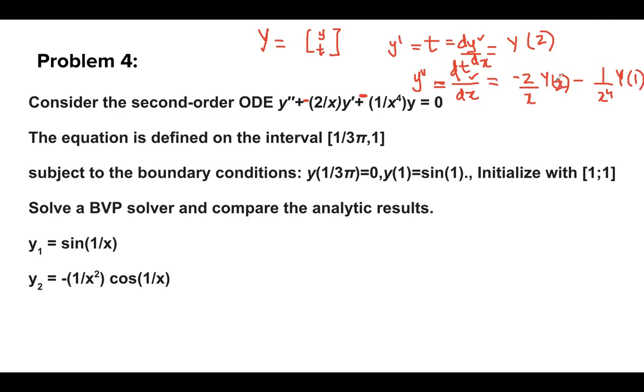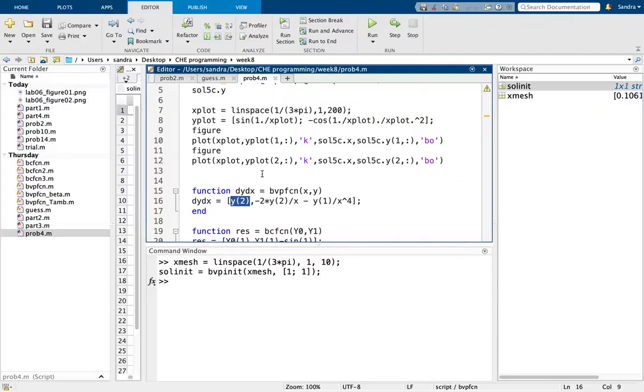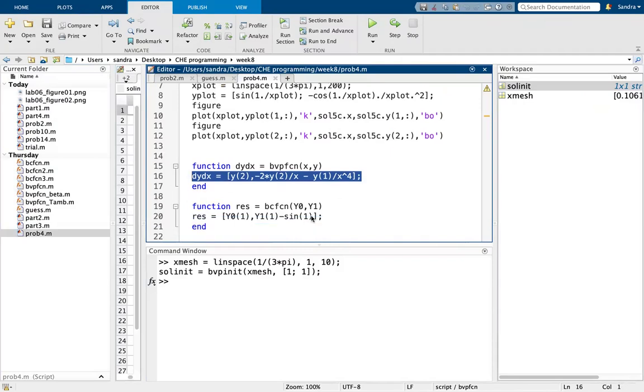Sorry, this has to be changed. This is how it looks: minus 2 by x, y of 2, minus 1 by x raised to 4, y of 1. Make sure you don't make a mistake like this. I'll show you MATLAB just to confirm which is right. So that will be y of 2, minus 2 y of 2 by x, minus y of 1 divided by x raised to 4. So this will be the equation that we have. It is a column vector.